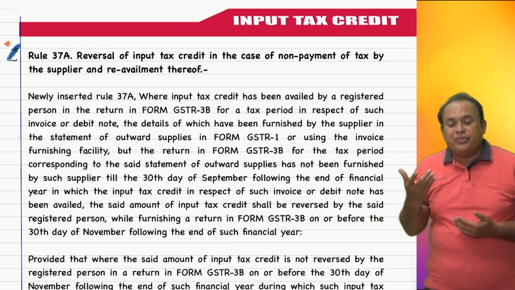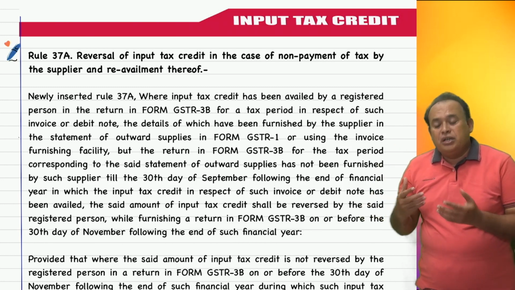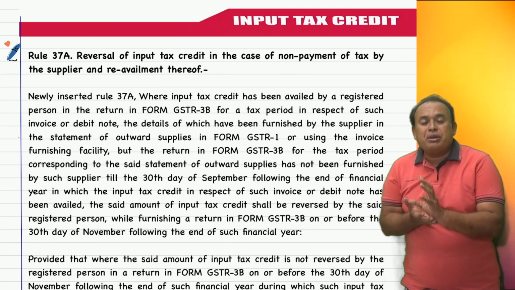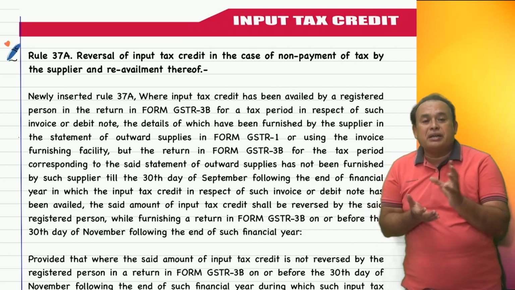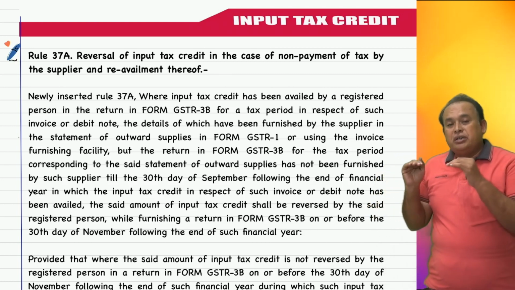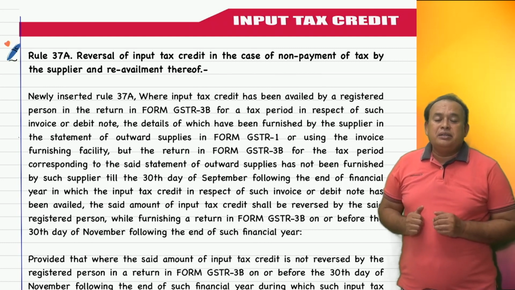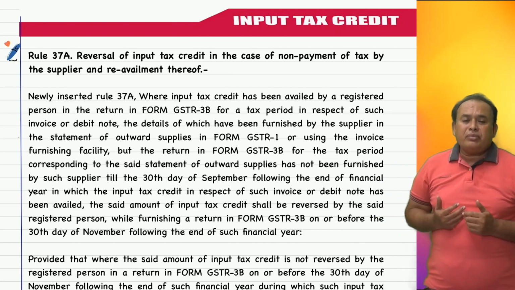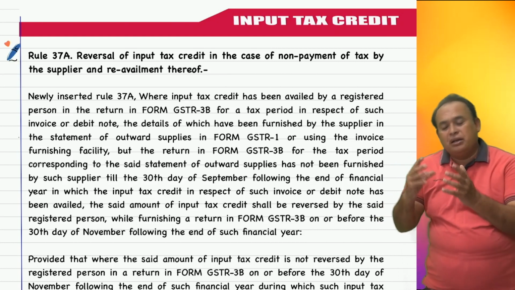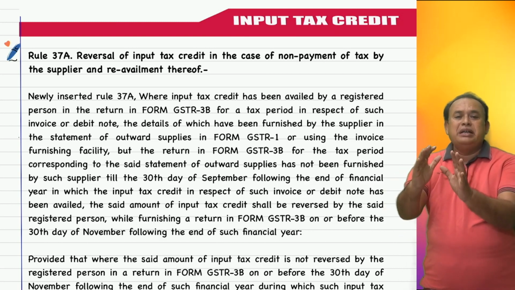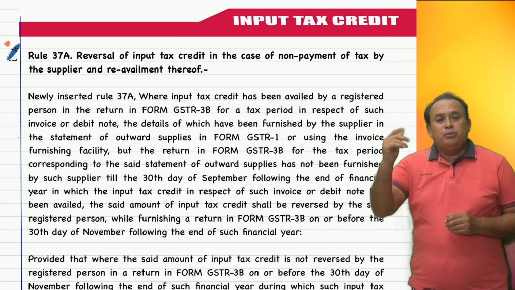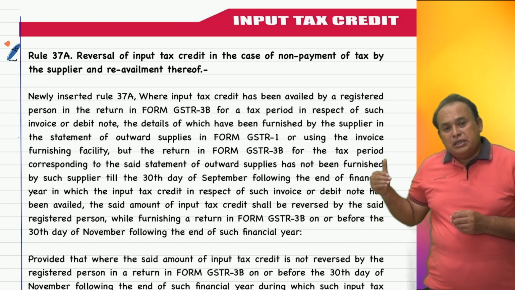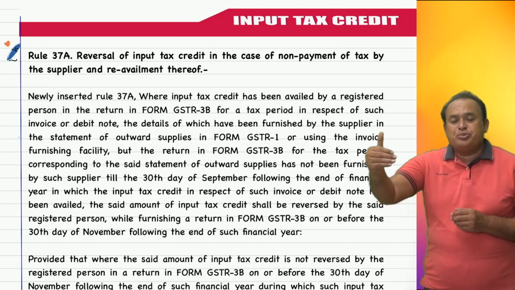In the GSTR 1 return, the supplier should furnish the details of the outward supply where he supplied the goods or services to the recipient by passing on the credit. So the supplier should submit the GSTR 1 return for the month of September by 11th of October, filing the return monthly. The GSTR 1 return shows the liability of outward supply by a supplier. In that, his outward liability has been shown.